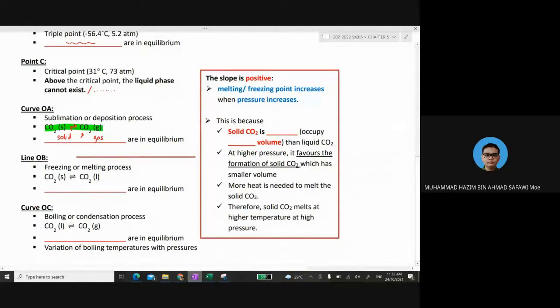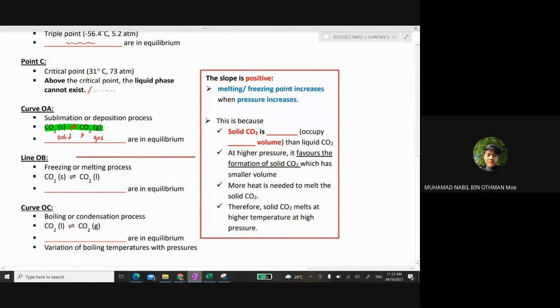Okay, so if you refer to line OB, line OB is between your solid phase and also liquid phase. If you change from solid into liquid, what is that process? What is the first process for solid into liquid?